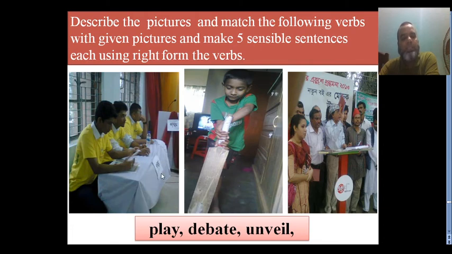On the other hand, the opposition party is arguing to defeat the other side. Think about play, the second one. The boy is playing cricket. He is practicing, I think, in the drawing room. Like this, you will make five sensible sentences.